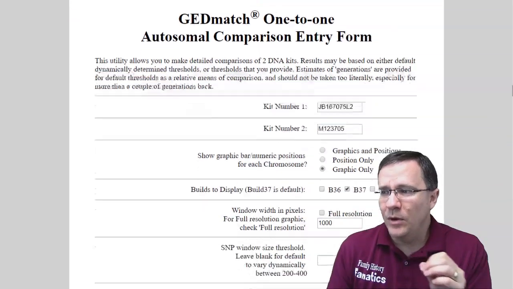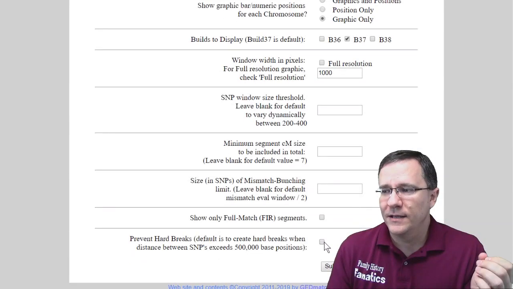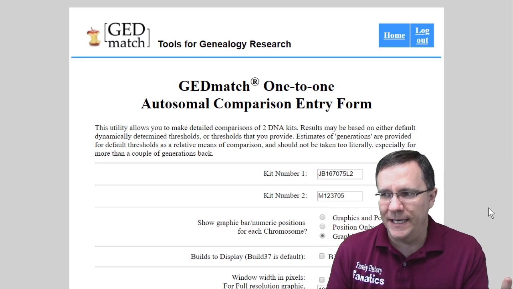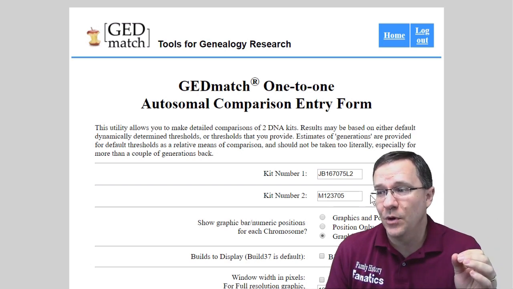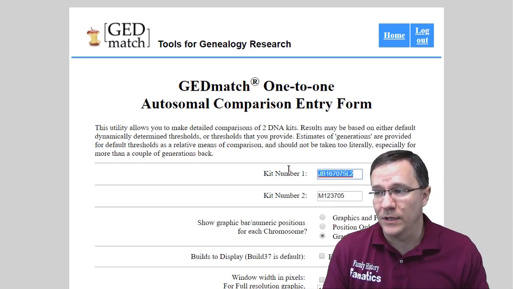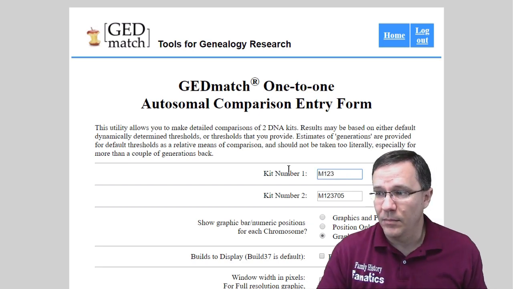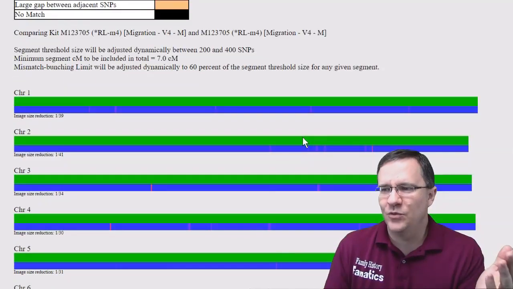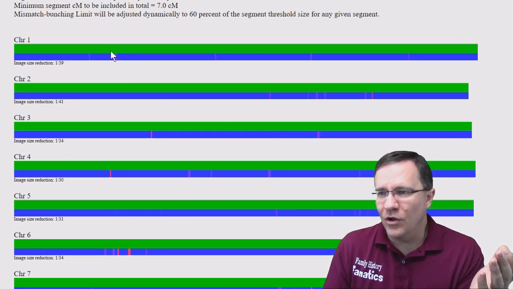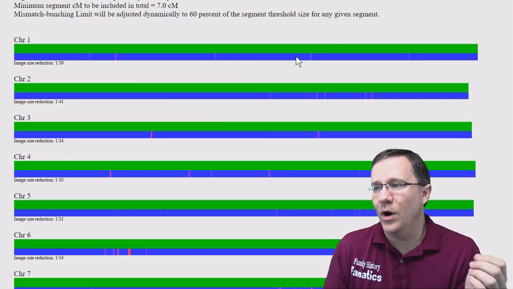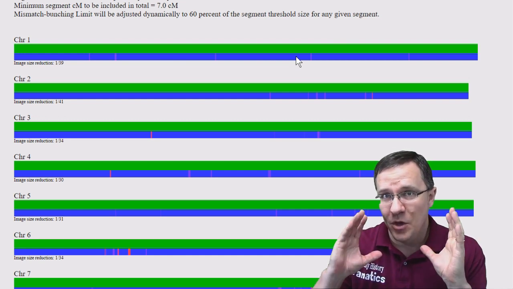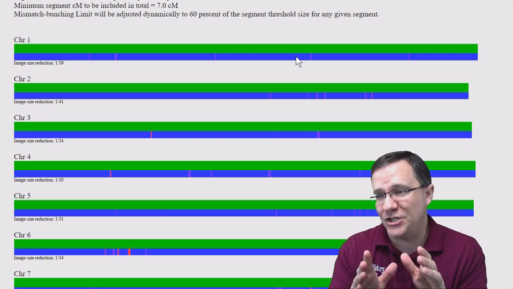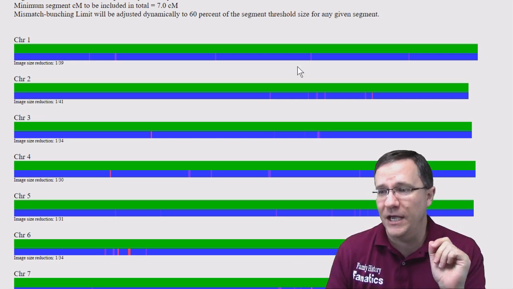Now, ideally, we want this Lazarus Kit to look exactly like what a regular DNA kit would. To show you what a regular DNA kit looks like, let me compare my dad's kit to my dad's kit. What we see is it is all green on top and all blue on the bottom. That means both of the SNPs on that chromosome match each other in every single location.